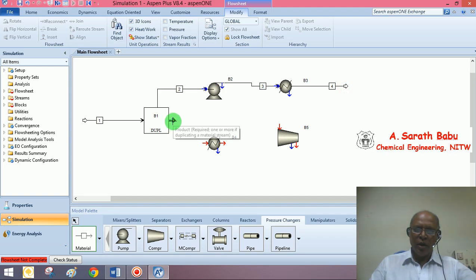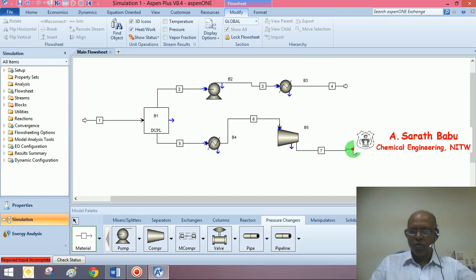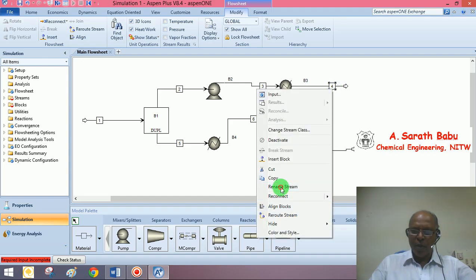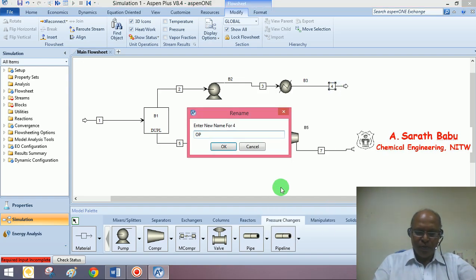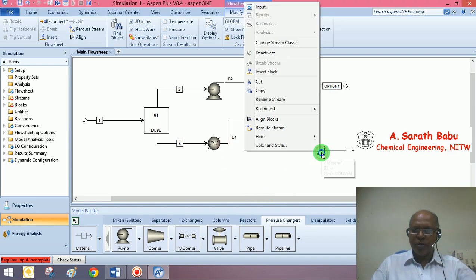Similarly, any number of outputs from this duplicator will have the same information as that of the input. So let me rename this as option 1 and this as option 2.